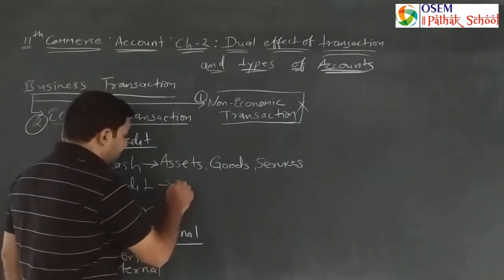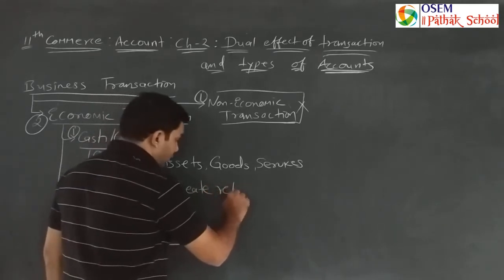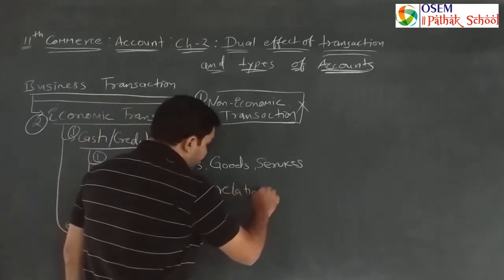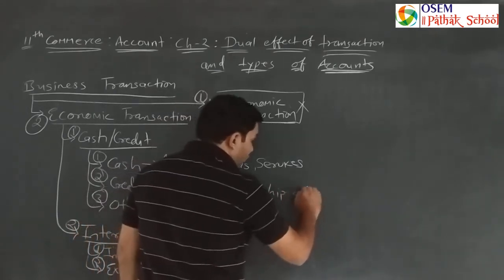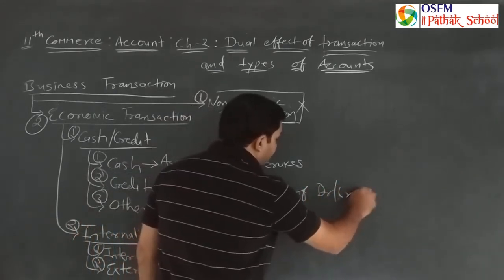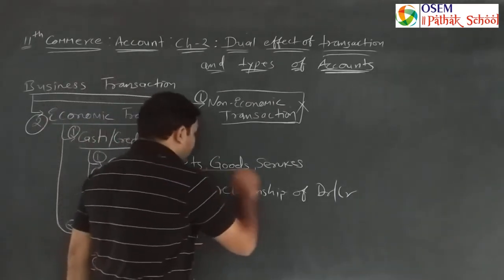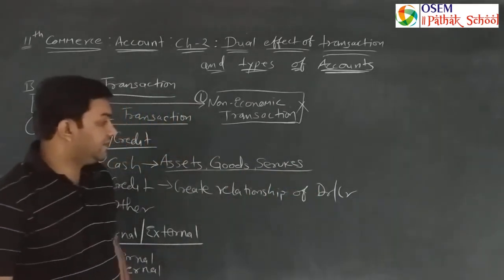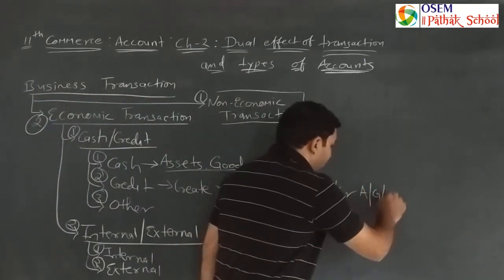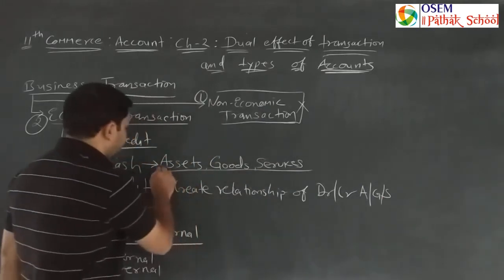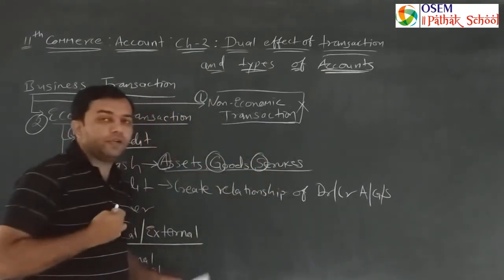In a credit transaction, a relationship of debtor or creditor is created for all three things: goods, assets and services. So I am writing assets, goods and services, all three initials.